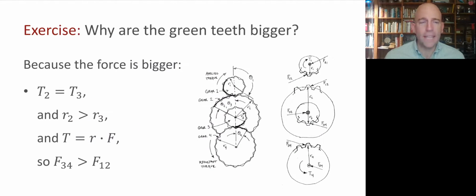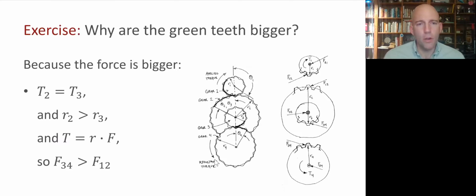All right, one explanation is that the force is bigger on that second set of teeth. If we think about just the middle two gears, the torque is the same, right? Tau 2 equals tau 3 because they're tied together. So the torque of that second gear on the third gear is the same as the torque of the third gear on the second gear.